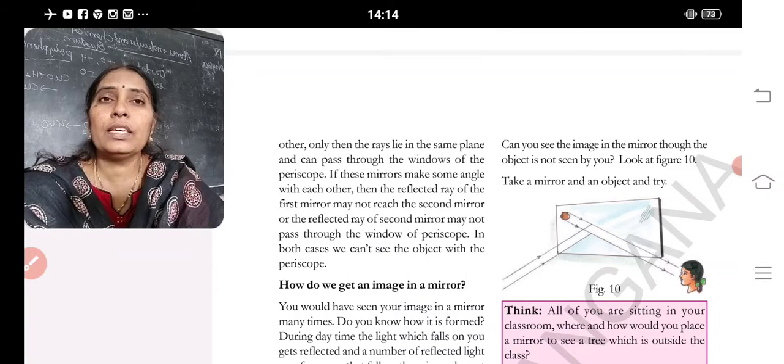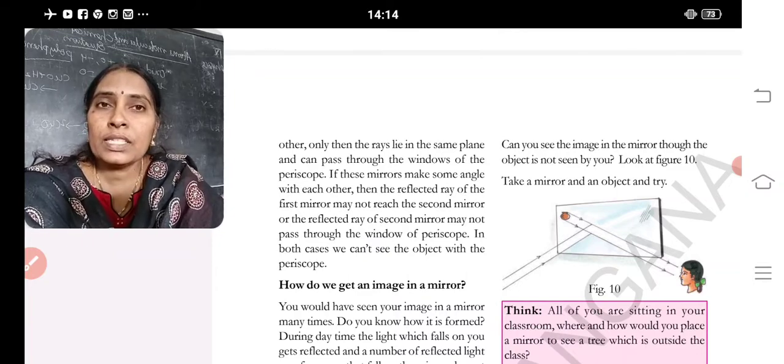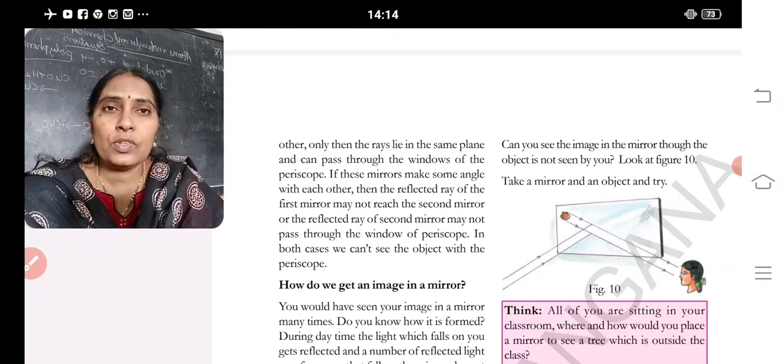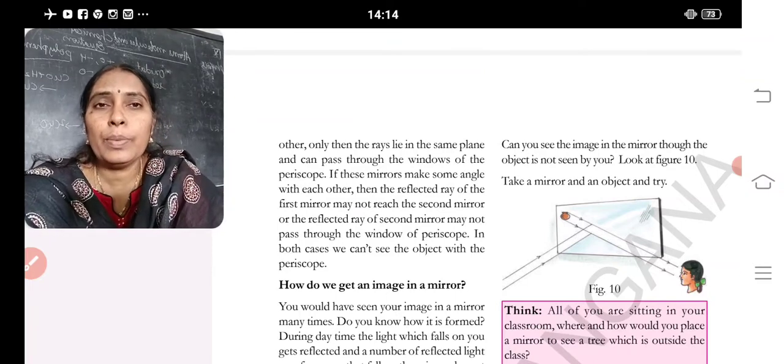From this simple experiment, you can say that the incident ray, reflected ray, and the normal should lie in the same plane. Okay? Then only we can see the image. And the same principle is used in a periscope.